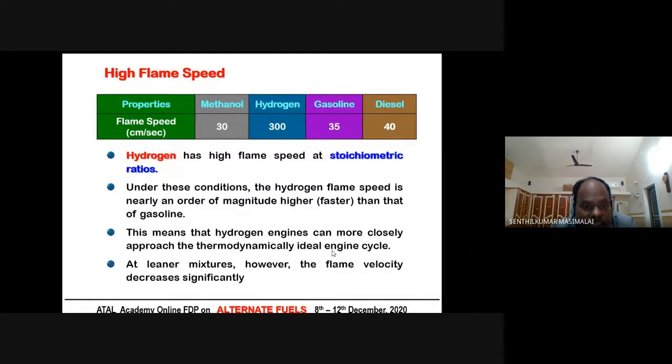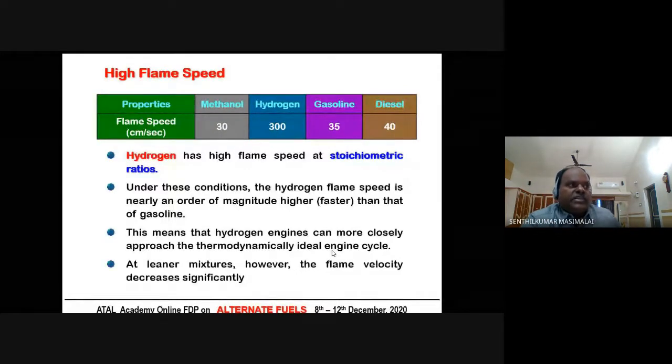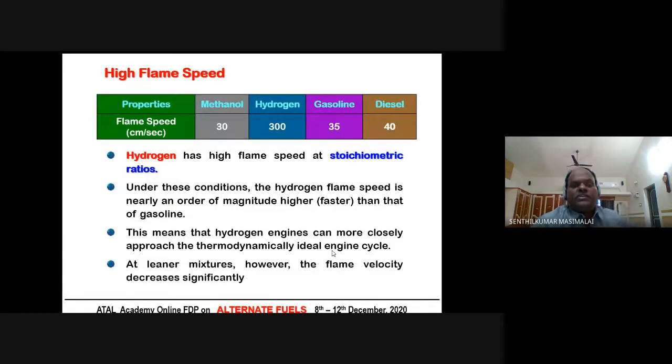But in a real spark ignition engine, the combustion is not at constant volume. Combustion spreads over a period of time, 30 to 40 degree crank angle. So it is not exactly a constant volume cycle; it is a progressive combustion cycle. But if you use hydrogen as fuel in our spark ignition engine, you can approach constant volume combustion.